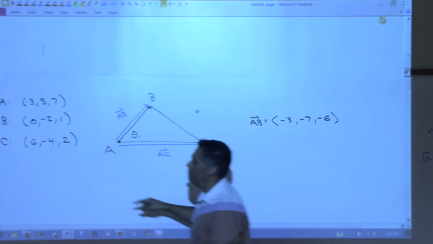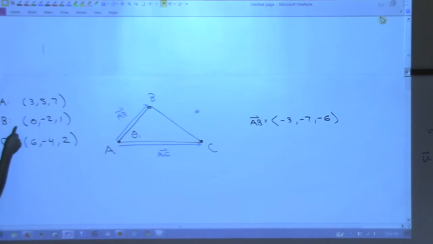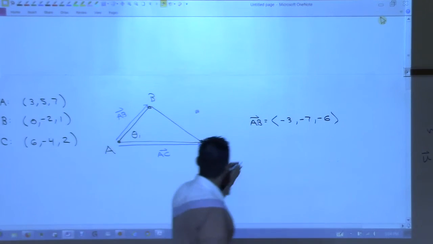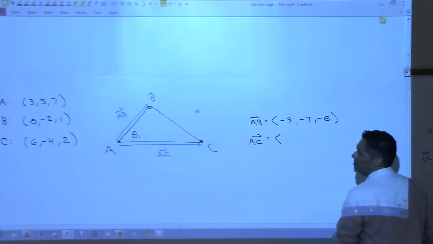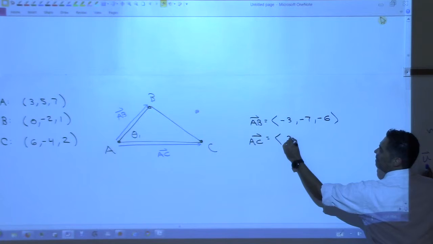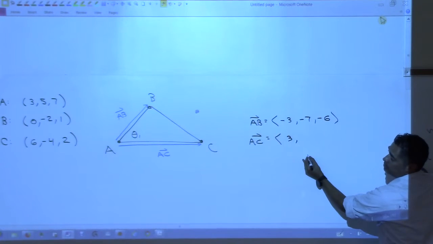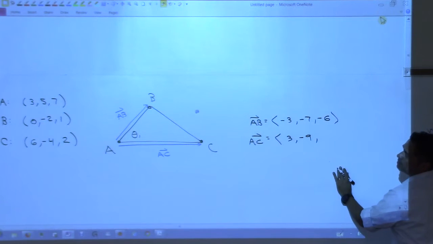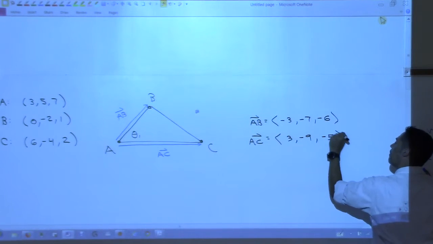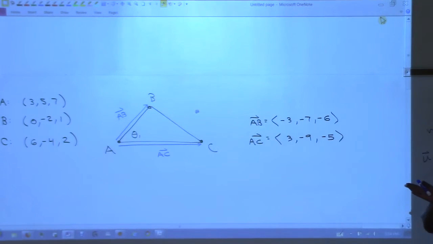If we're going from A to B, we take that, subtract that, that subtract that. So there's AB. And then the other vector from A to C is 3, -9, and last, -5.